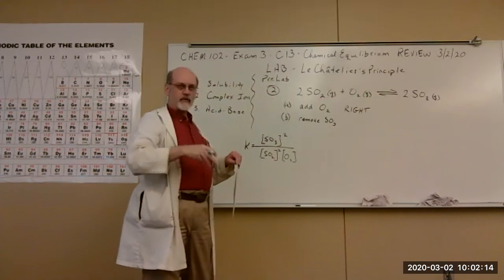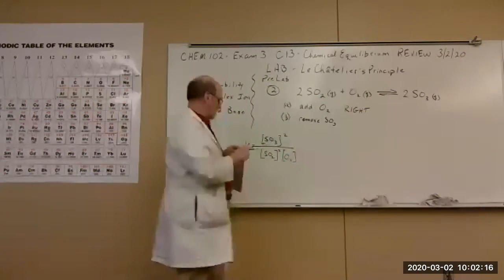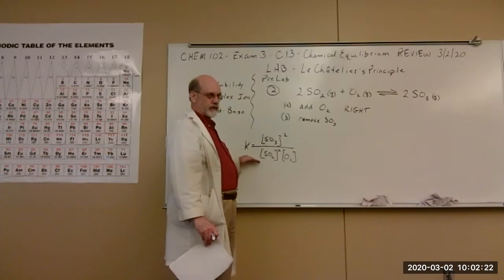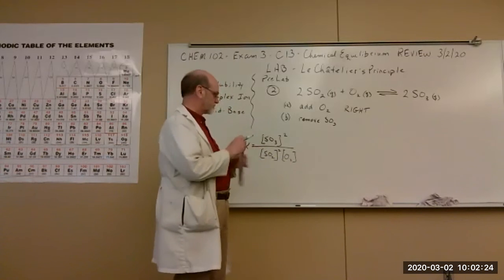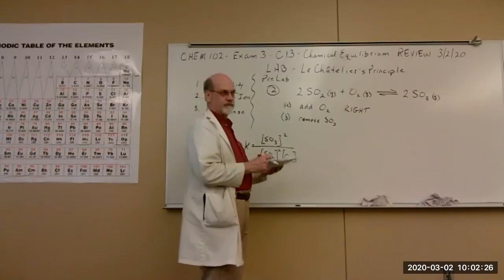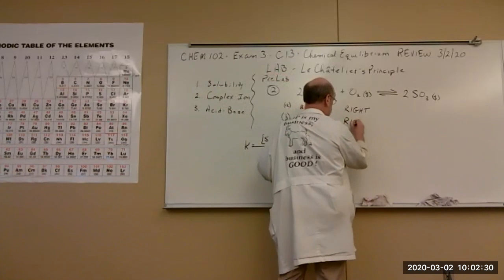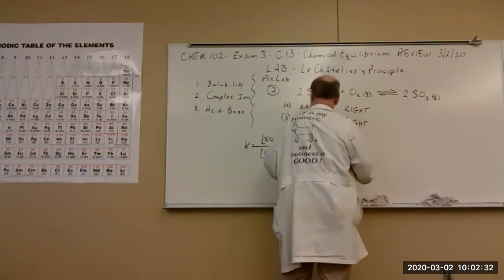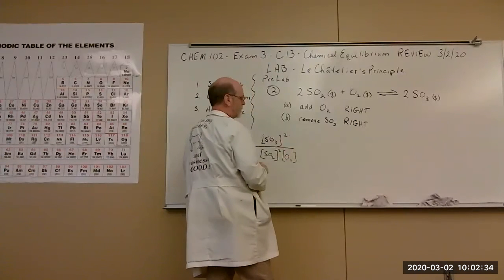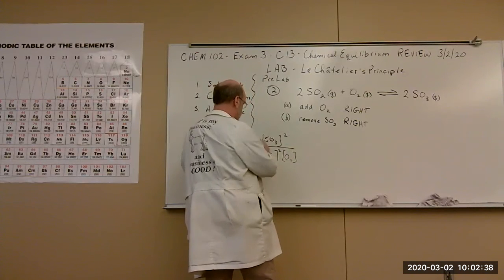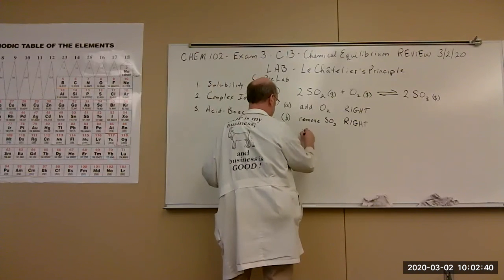A constant equals a quotient is a direct proportion. If this one goes up, that one goes up. This one goes down, that one goes down. You can look at it that way too. So it has to go to the right. Got to make some more of this to reestablish that K value.